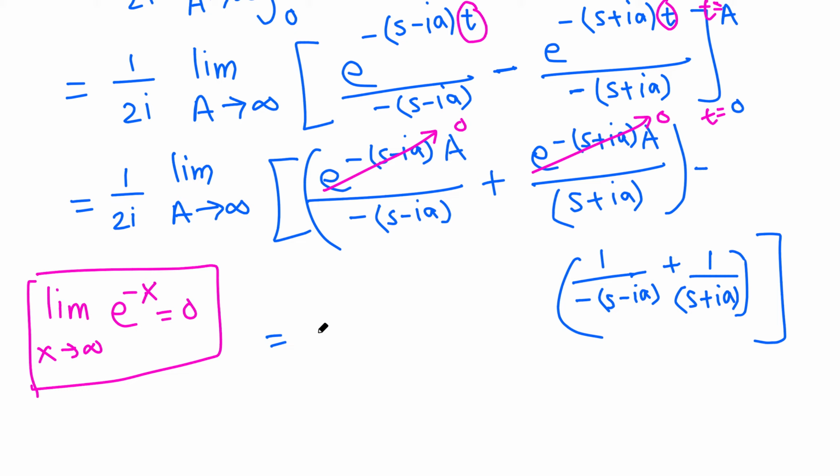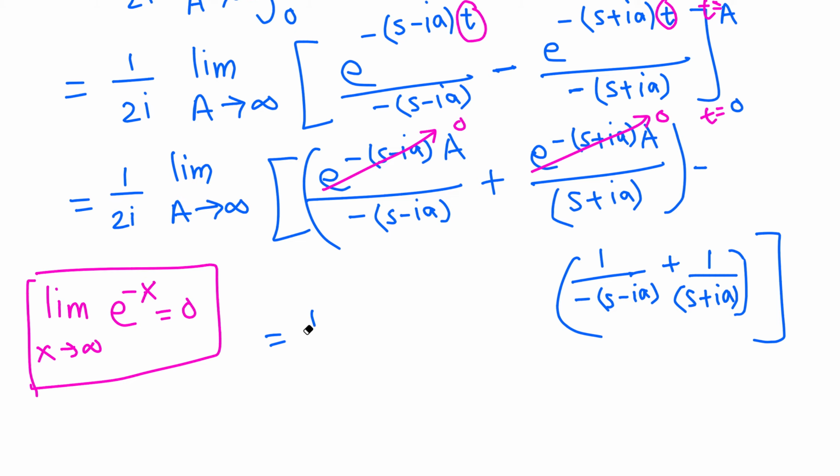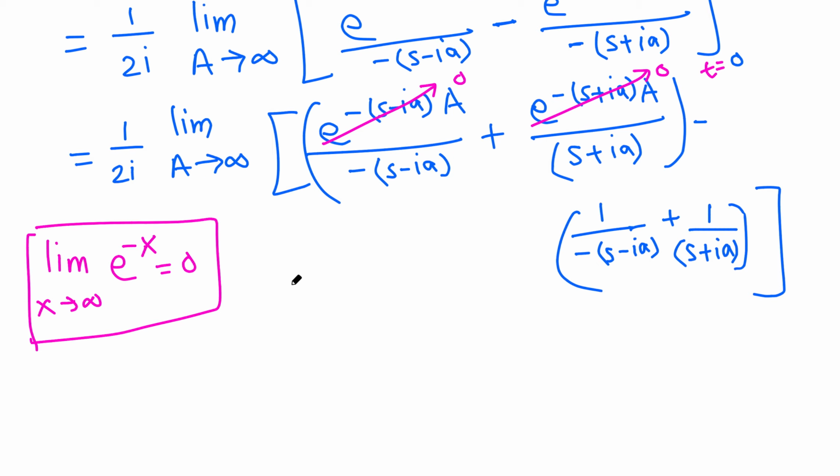So this is 1 over 2i, this part is gone, only the minus remains. Here is a negative times this, so we need to distribute the negative: this becomes plus 1 over s minus ia, and negative 1 over s plus ia.